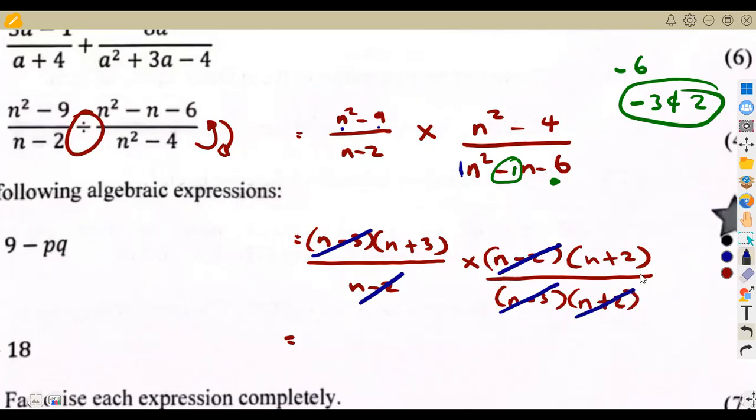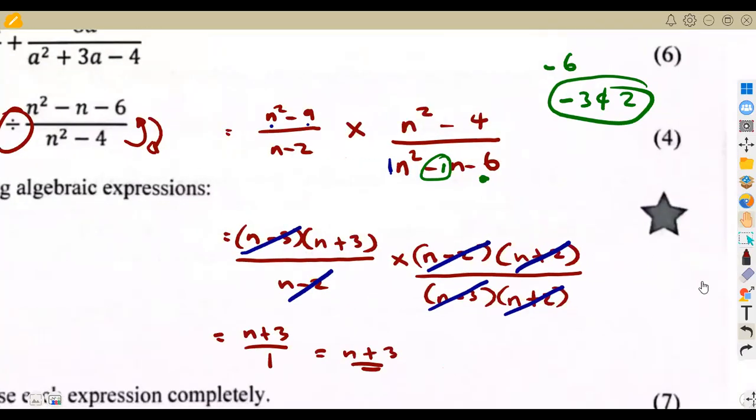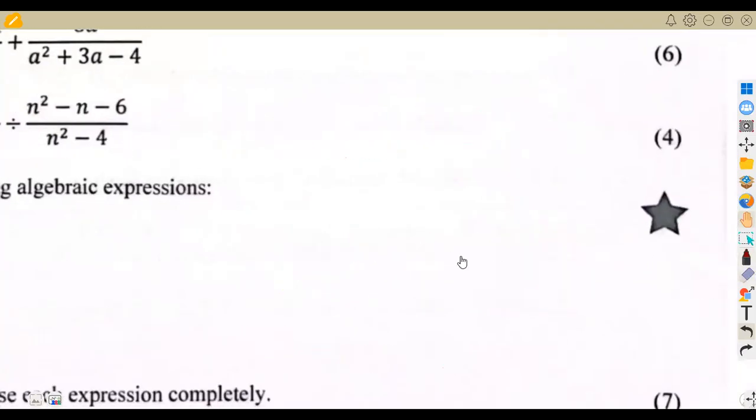We've got n plus 2 in the denominator, n plus 2 in the numerator. We do not have anything related to this n plus 3. So in the numerator, we are going to be left with n plus 3 over 1, which is the same as n plus 3, okay? So that was it, 4 marks for that, which is something that was nice.